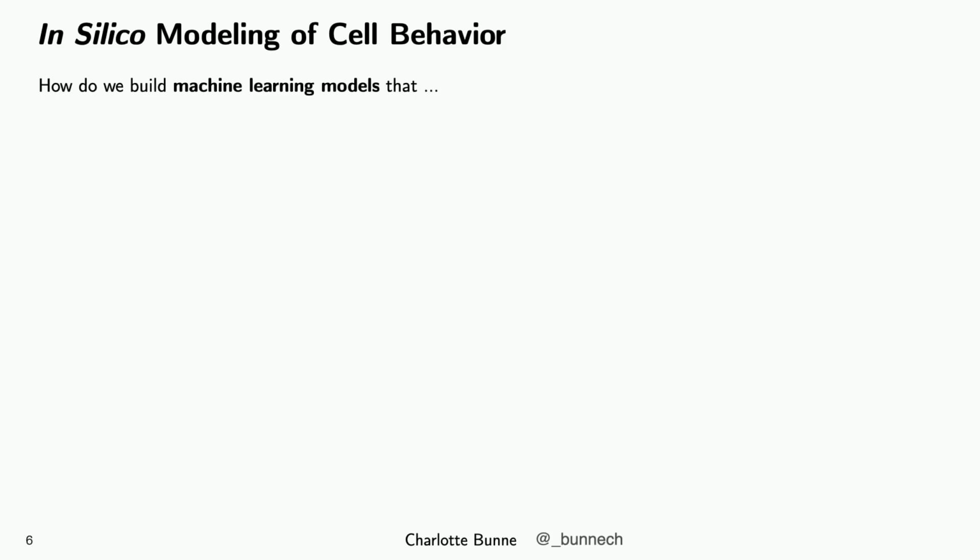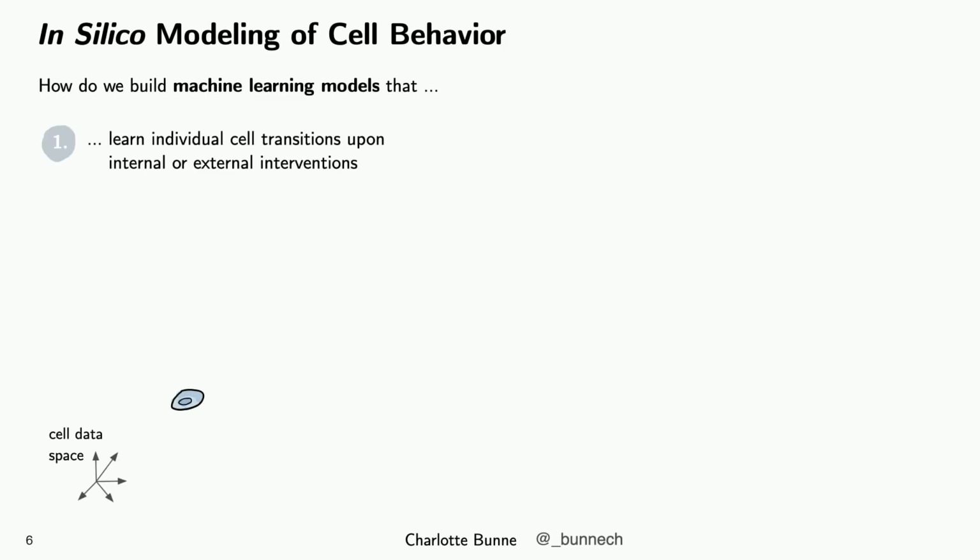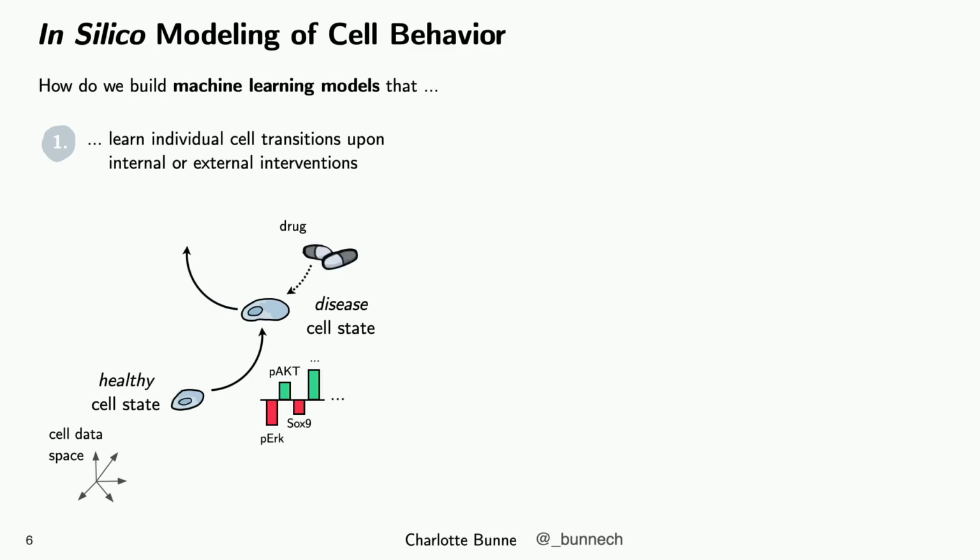So we need to build machine learning models that allow us to give them a starting cell in a very high-dimensional space, spanned by all the features we measure with the technologies, and that understand how these cells transition from healthy to disease, meaning how the features change upon these transitions. Like, what is the upregulation and downregulation of certain factors? If I give a drug, how is it going to influence? What type of transition do I see into the treated cell state?